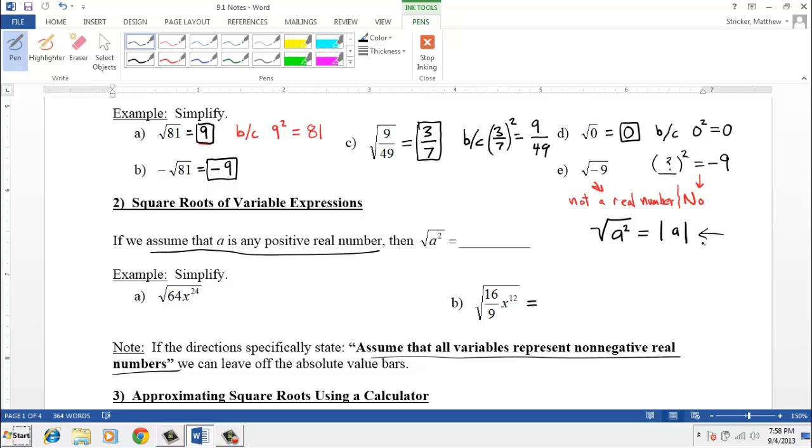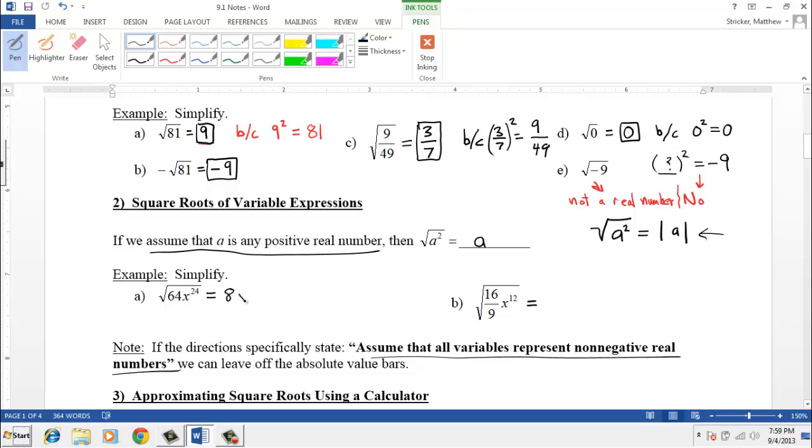So if we do assume that a is a positive real number, then the square root of a squared we are going to say is just a. We do not have to worry about the absolute value. So if I'm trying to find the square root of 64x to the 24th, the square root of 64 is 8, because 8 squared, or 8 times 8, is 64.